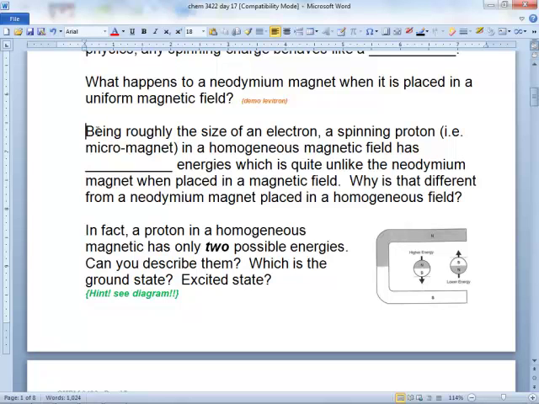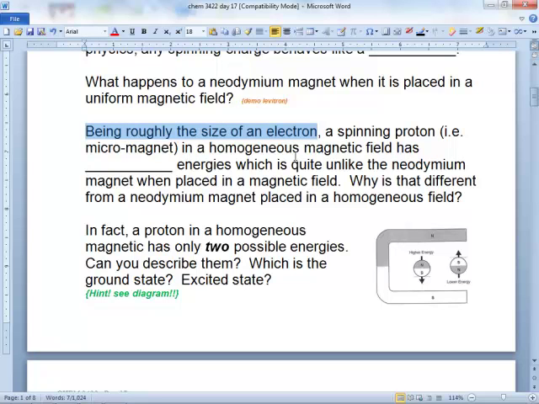So anyway, being roughly the size of an electron, a spinning proton, a micromagnet, in a homogeneous magnetic field has blank energies, which is quite unlike the neodymium magnet that you have to imagine. Has what energies? Here's your hint.